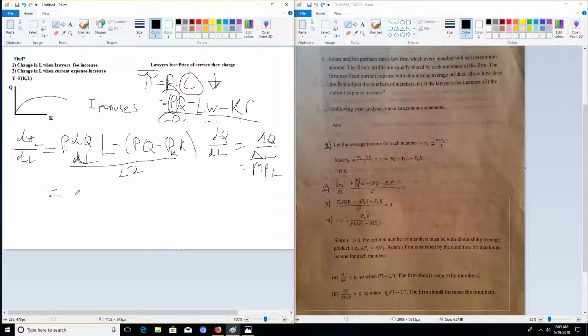We get P times MPL minus PQ plus P sub K times K over L squared. Alright, this is a step he skips when he goes from 2 over here to 3.